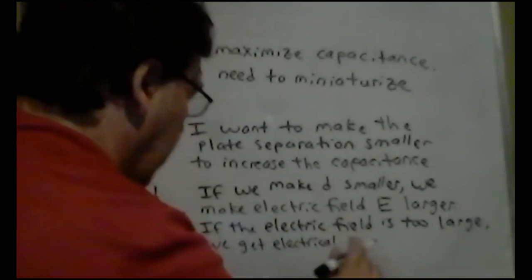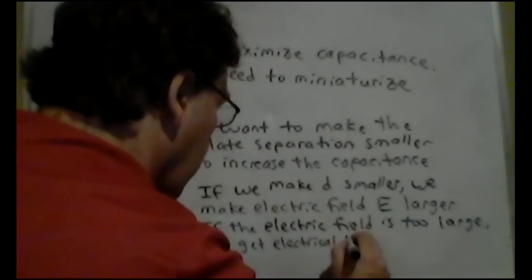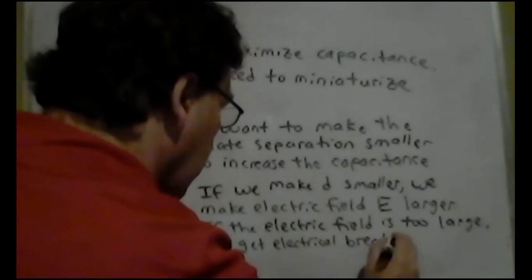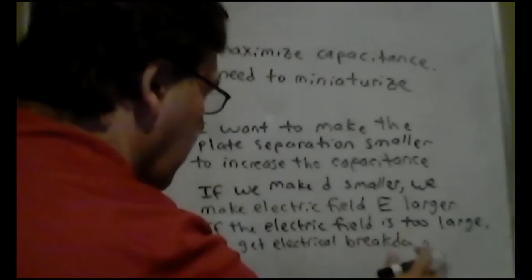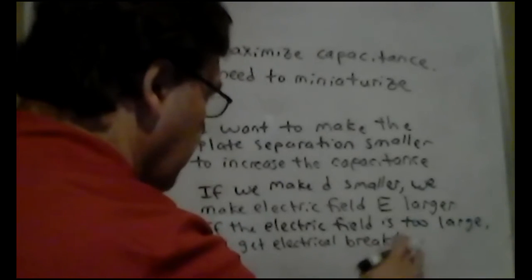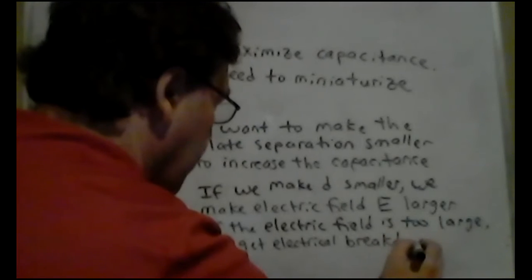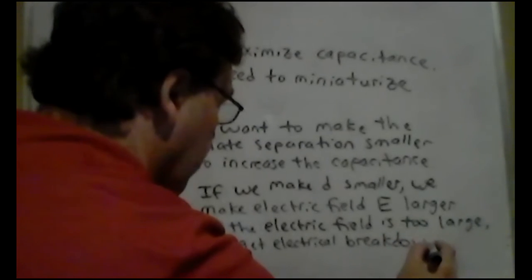You don't want sparking electronics. When you have a thunderstorm outside, that's nothing but a big spark, because you have too much electric field stored, and it's too much for the air, and so you get electrical breakdown.